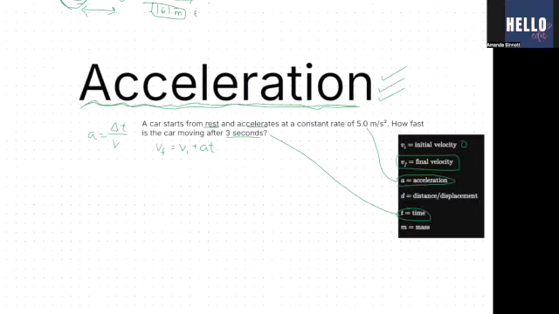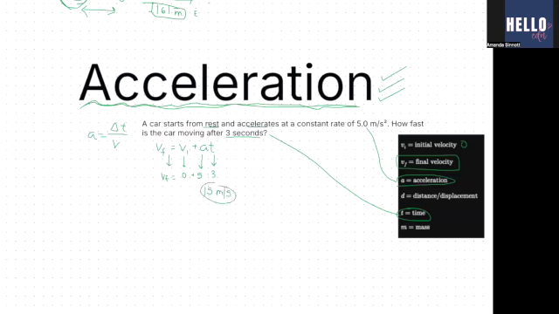So let's just plug in our numbers here. We just bring everything down here with our numbers that we do have, and now our equation should look like this. Let's solve it. 5 times 3 gets us 15. So our answer would be 15 meters per second.